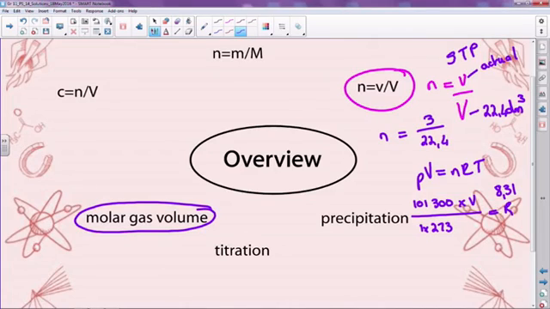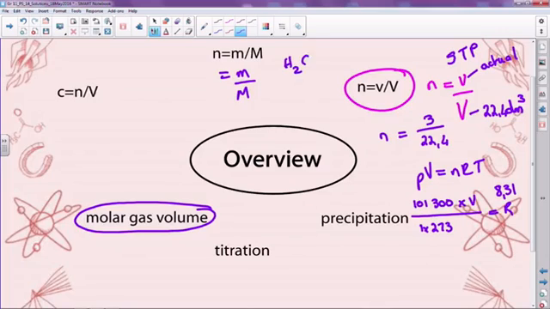Another way to calculate moles is mass over molar mass, or molecular mass, or relative molecular mass. Now remember, molecular mass is where we add up all of the masses of the atoms within a particular substance. So for example, let's do water.